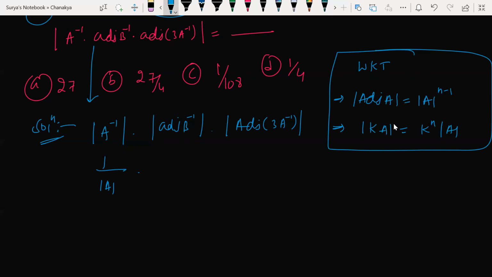Now I have adjoint of B inverse. So the determinant of adjoint of B inverse can be written as determinant of B inverse to the power of n minus 1. What is the n value here? n is the order of the matrix given to you. Order is 3, so 3 minus 1.